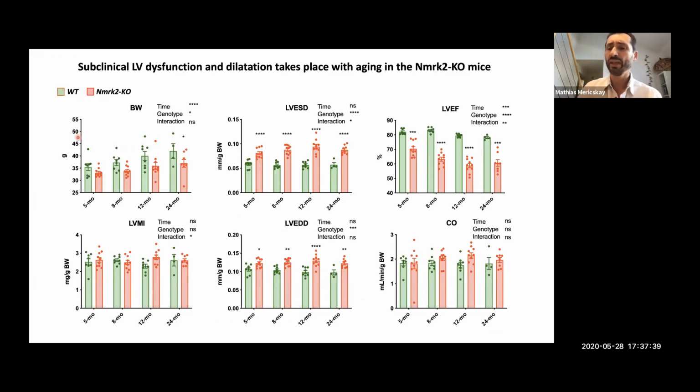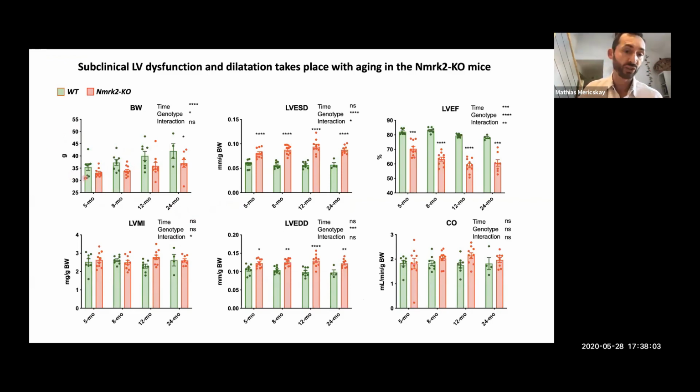Until 2 months of age, we could not see differences in left ventricular ejection fraction or cardiac dimensions. But starting at 5 months and later on with progressive aging, from 5 months to 24 months, we followed these mice. We saw some changes in the cardiac function.